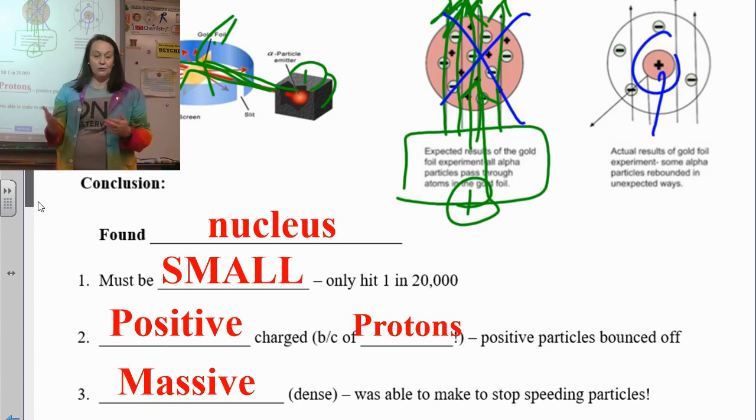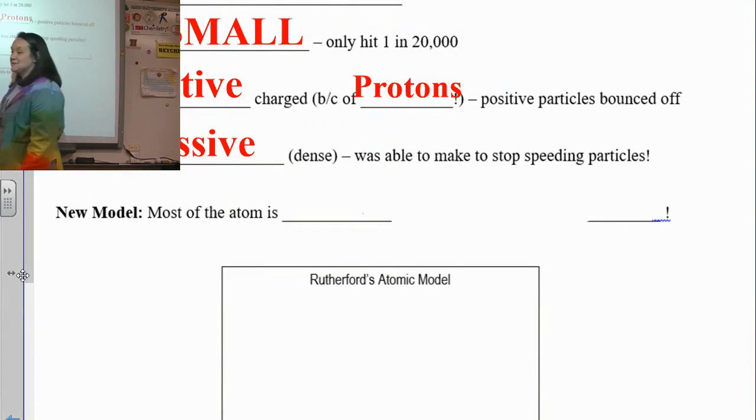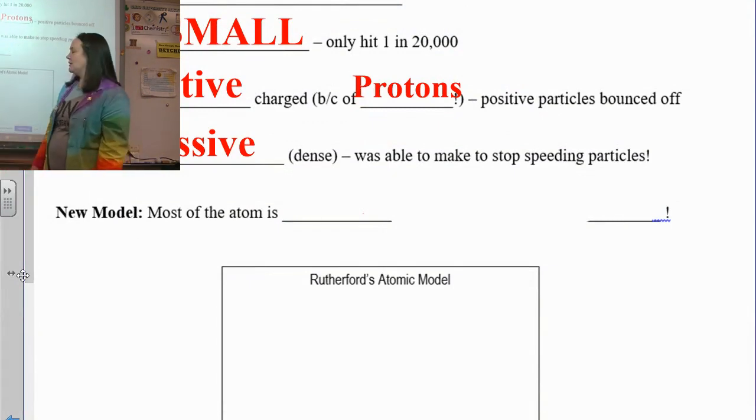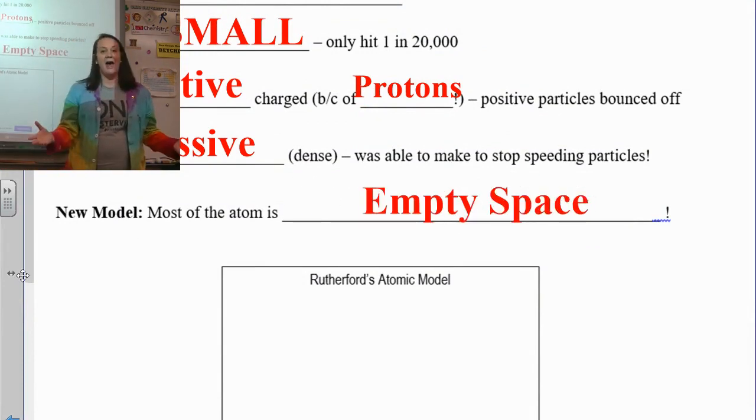You guys know from doing your calculations last week that all of the mass is found inside of the nucleus. Okay, perfect. So they needed a new model. Plum pudding is out. Plum pudding is not the way that we know how an atom looks. What we now have instead is that most of the atom is empty space.